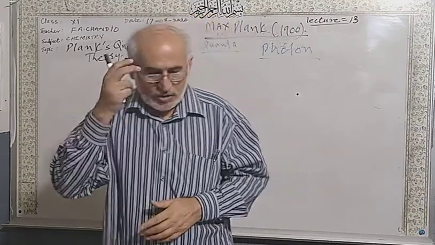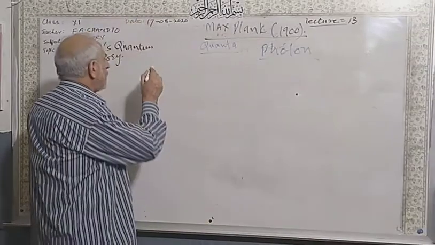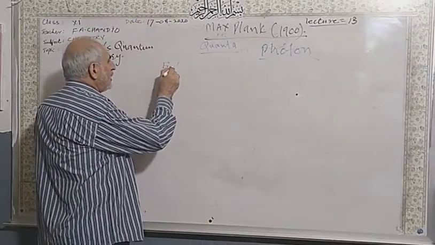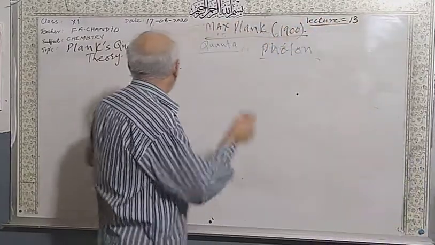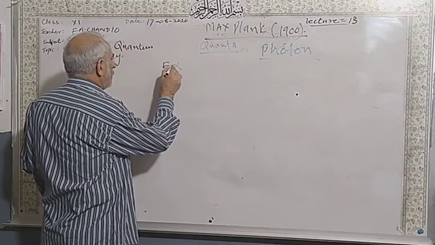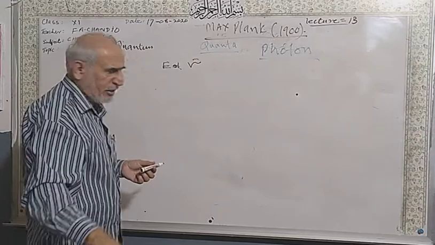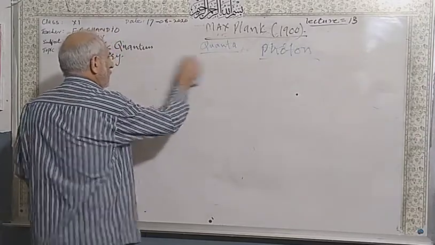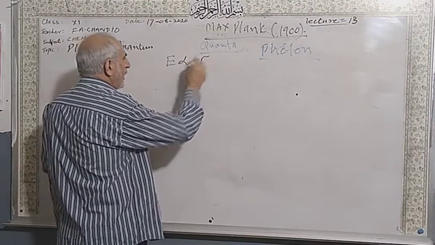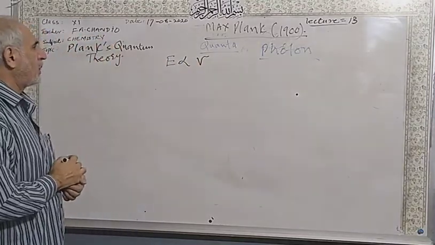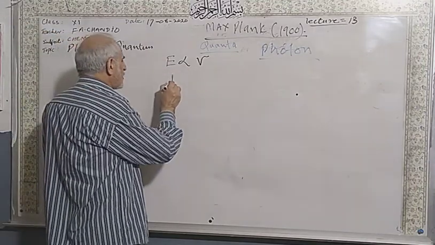The amount of energy associated with a quantum of radiation is directly proportional to the frequency. Energy is directly proportional to the frequency. If I remove the proportionality sign, then you have to put a constant.